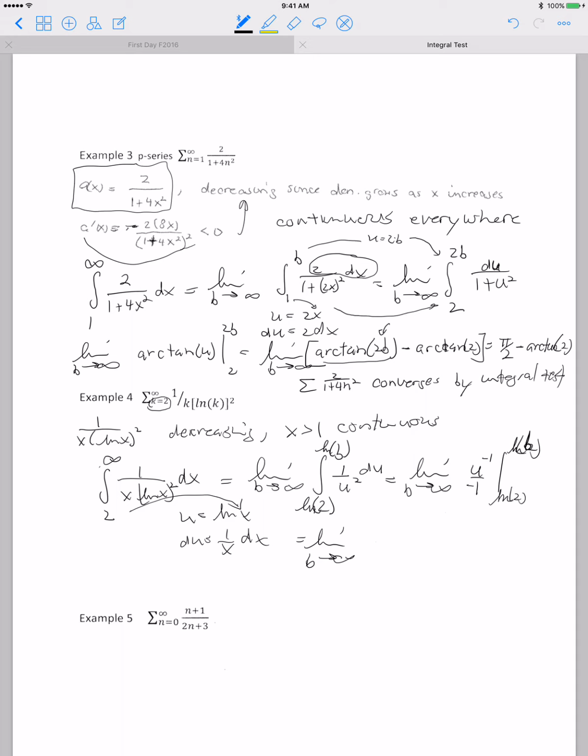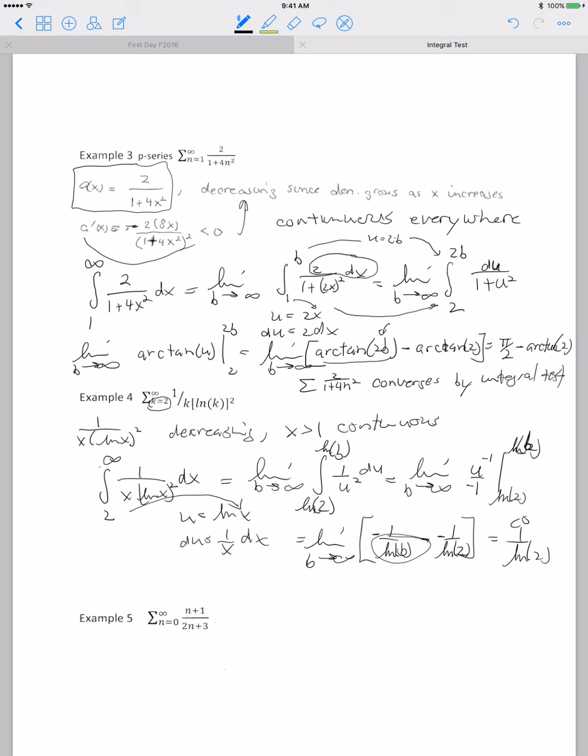So if I plug in my upper limit, I get what? Minus 1 over natural log of b. And then I plug in my lower limit, I subtract minus 1 over natural log of 2. And as b goes to infinity, the denominator here goes to infinity, so the whole fraction is going to 0. So I'm getting 1 over the natural log of 2 for the value of that improper integral.